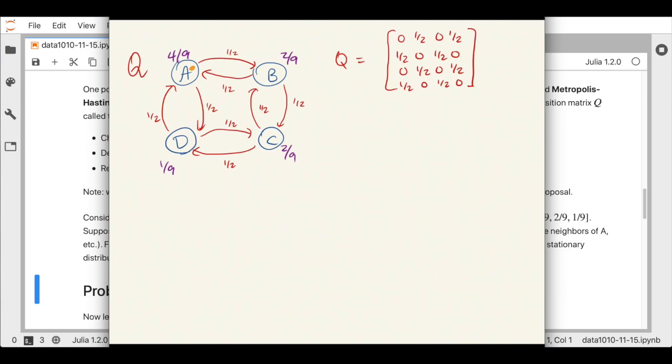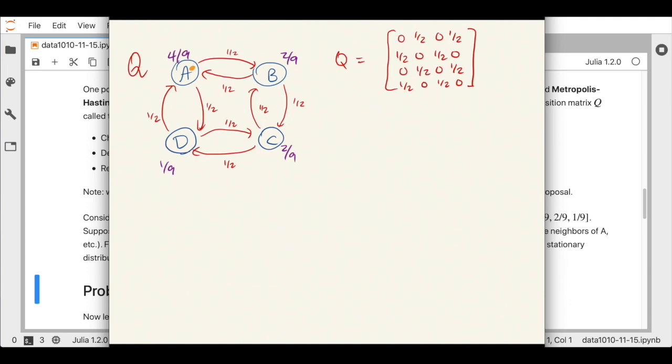And let's say the proposer happens to choose B. So then the random walker looks ahead at B and says, the desired distribution there only has a mass of 2/9. And where I am, I have a mass of 4/9. So I'm only going to take that step with a probability equal to that ratio, which is 2/9 over 4/9, which is a half. So the random walker flips its own fair coin and decides, I'm not going to take that step this time.